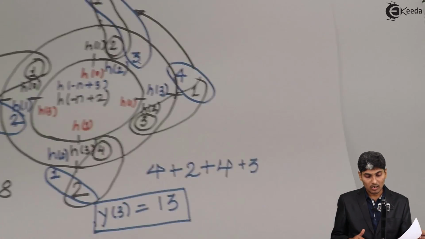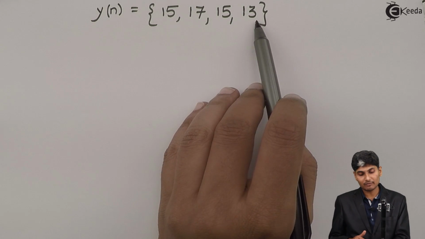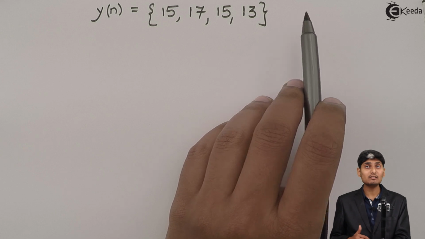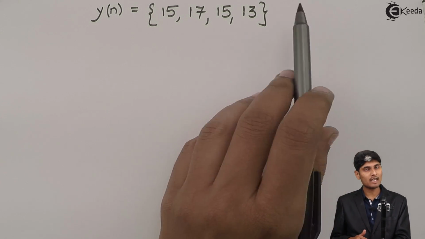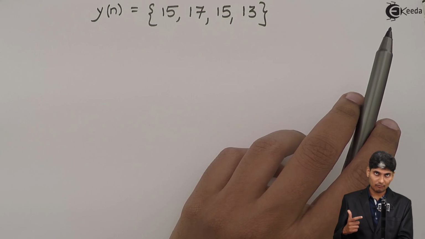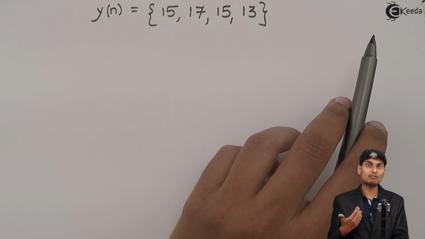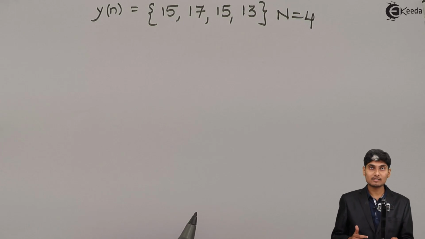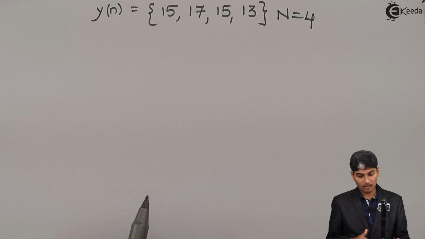So there will be repetition again and again. That means after 13 I am going to get 15, then 17, then 15, then 13, and so on, and this will be repeating itself at a period of 4. So now I got a period of 4, which is the required condition.